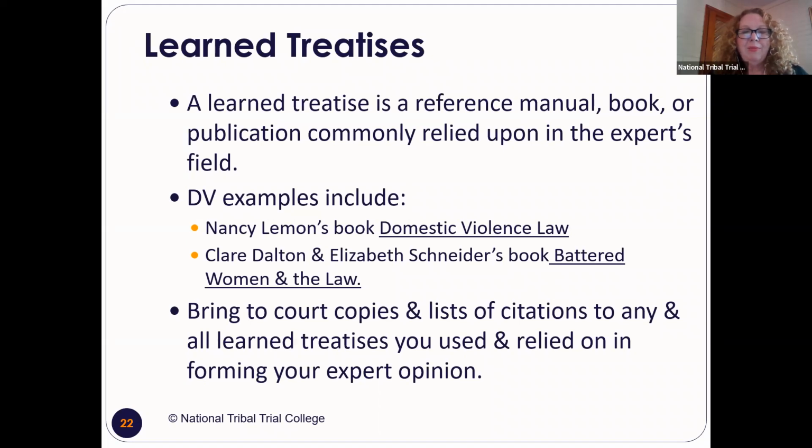And you can generate a list of citations, or treatises or peer-reviewed journals, or findings of Congress in the Violence Against Women Act, or findings of your tribal council in your domestic violence code in the preamble. Bring those with you to court or have them available. Somebody somewhere might ask you about it.